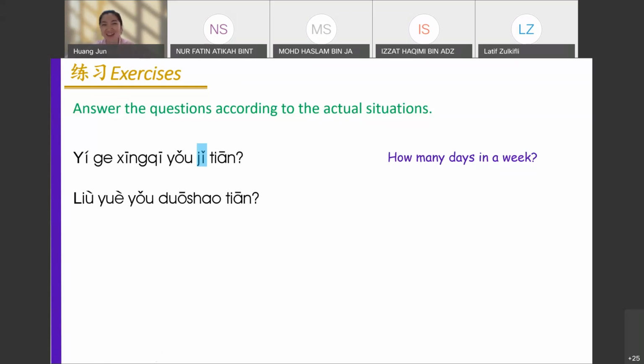I always have the typo problem. So 多少, what's the meaning? Make sure you understand. 多少 means how many. Then continue. Is it asking for numbers more than 10 or less than 10 this time? 多少 asks for numbers more than 10.